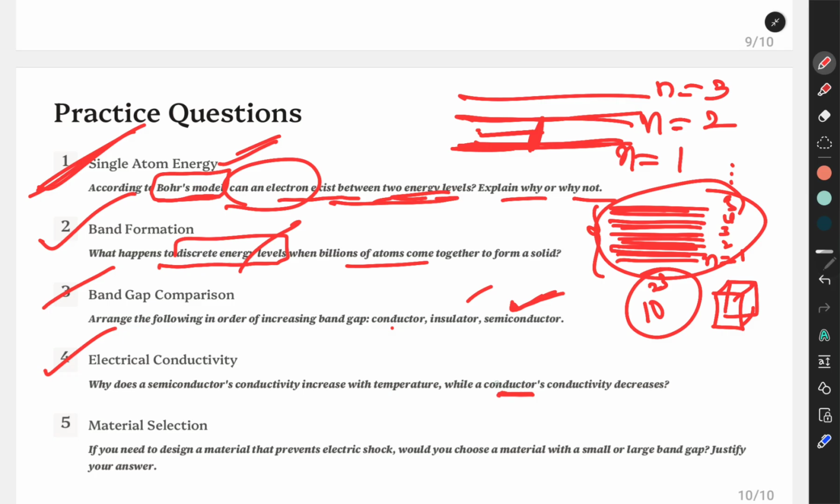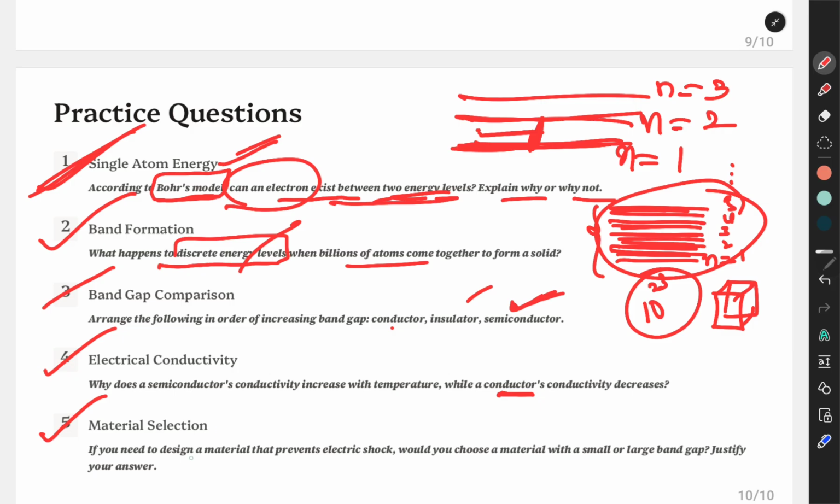What happens in a conductor is, when the temperature is increased, the collisions between the electrons and atoms will resist the conductivity, therefore the conductivity will be reduced. Understood? Next question, the last question.